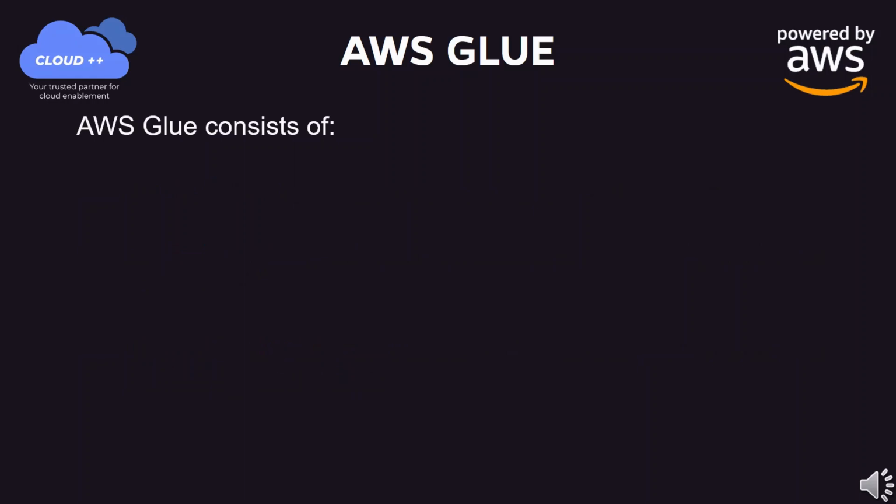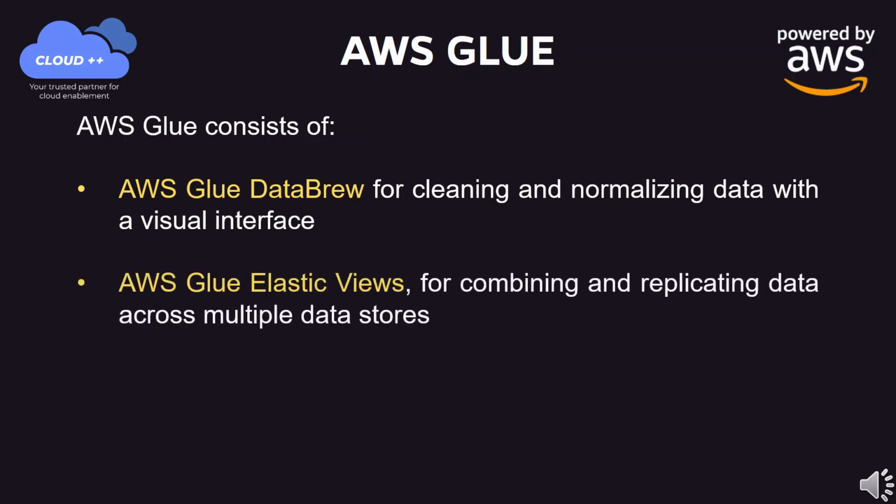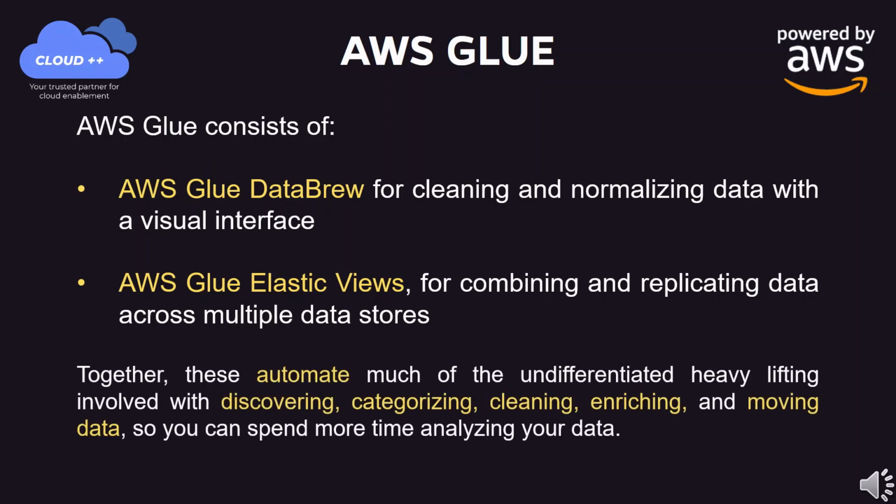It also consists of AWS Glue DataBrew for cleaning and normalizing data with a visual interface, and AWS Glue Elastic Views for combining and replicating data across multiple data stores. Together, these automate much of the undifferentiated heavy lifting involved with discovering, categorizing, cleaning, enriching, and moving data, so you can spend more time analyzing your data.